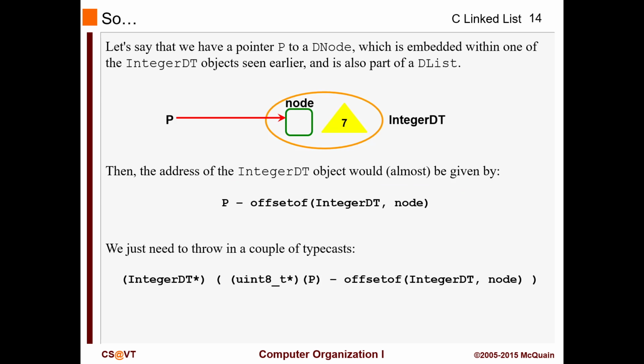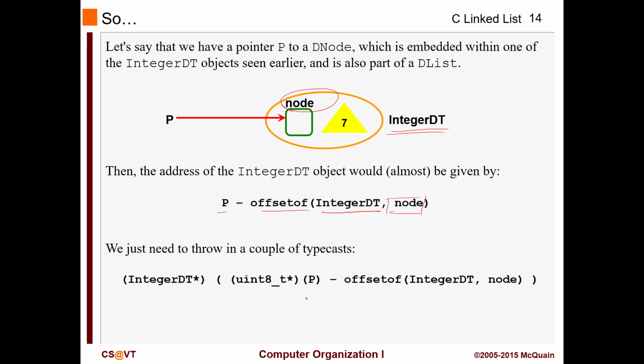So if we have access to the member, which is in this case the node, we can actually get the address of integer dt. To do that, we basically do something like p, which is the node, minus offset integer dt, because that's the type, and the node itself, right?